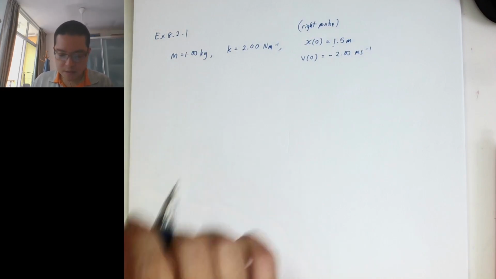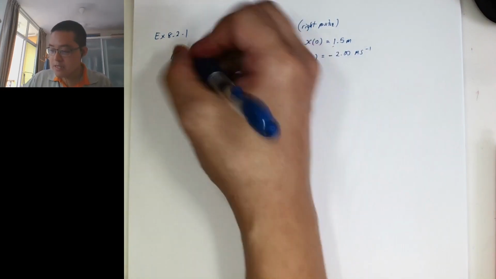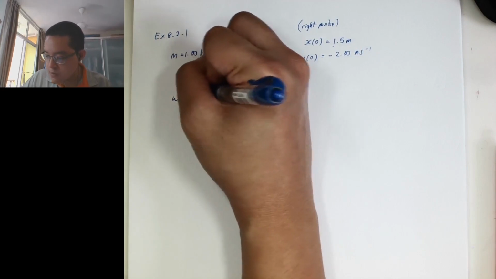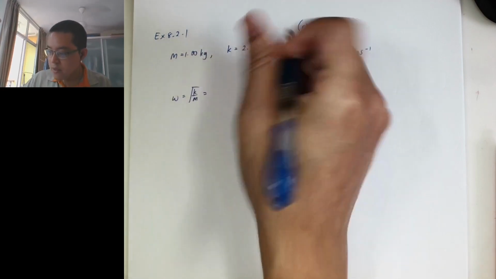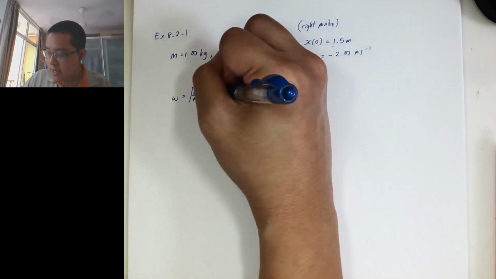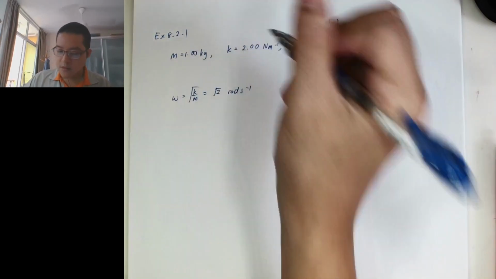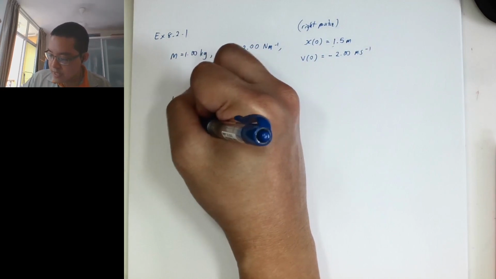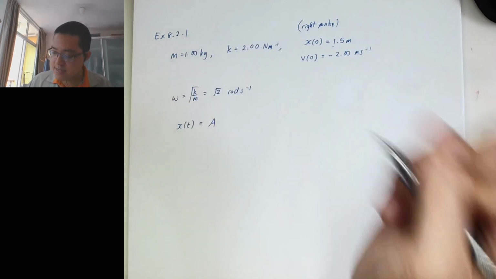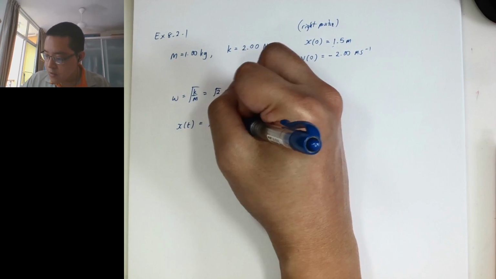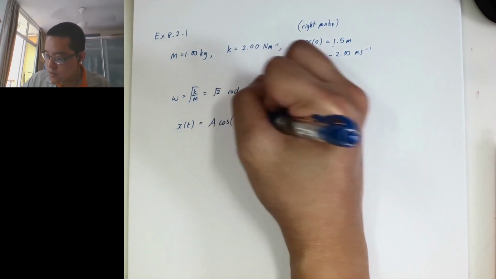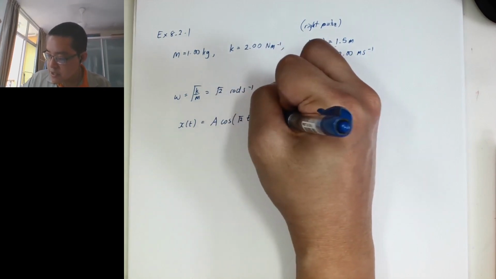Okay, so given all this information, we can immediately get omega. Omega is the square root of k over m. So k is 2, m is 1, so omega is just square root 2 radians per second. So my expression of x of t is A, a constant which we don't know, times cosine of square root 2 times t plus my initial phase.